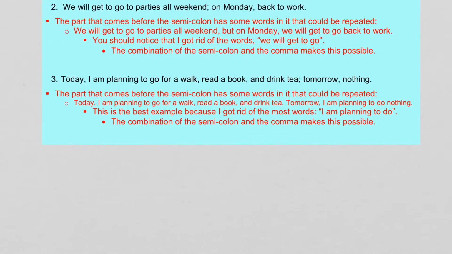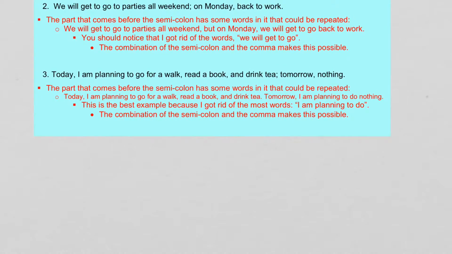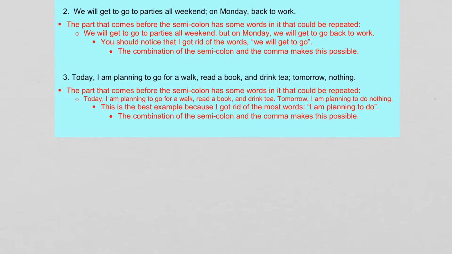So what's happening here is I got rid of the words we will get to go, right? I mean, another way that we could say this is we could say, we will get to go to parties all weekend, but on Monday, we will get to go back to work, right? But the way that I have it here, we will get to go to parties all weekend, on Monday, back to work.